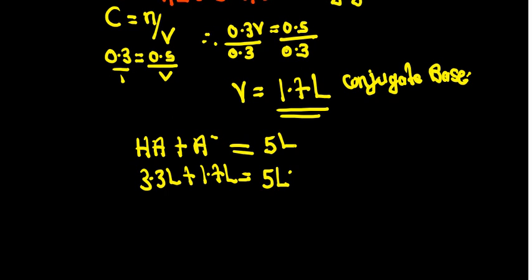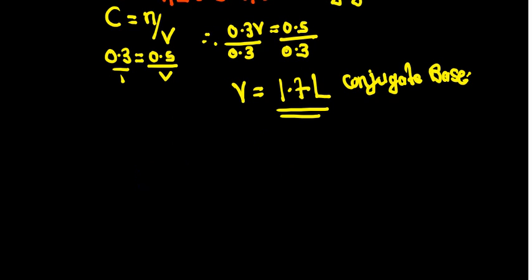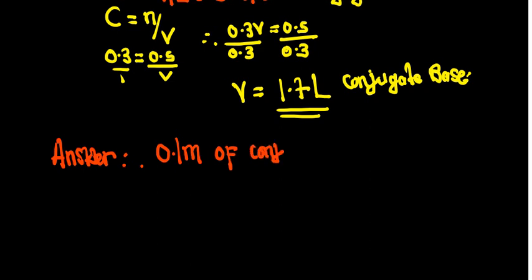So in summary, you can now tell the examiner, in order for us to prepare this buffer, we need 0.1 molar conjugate base of volume what?